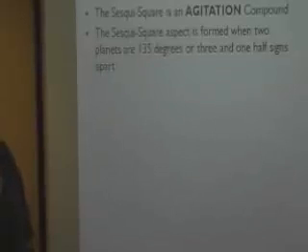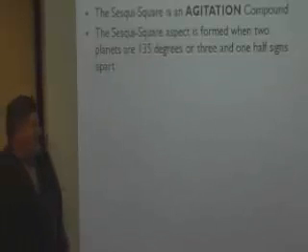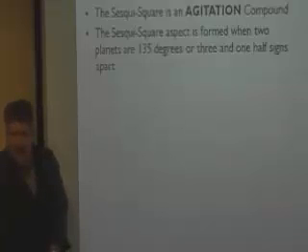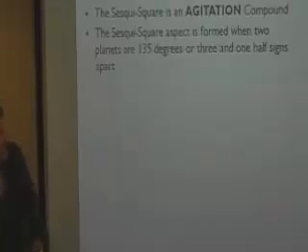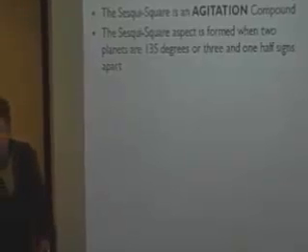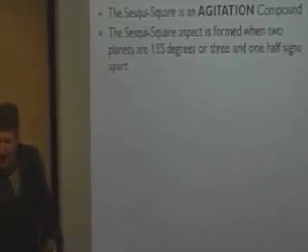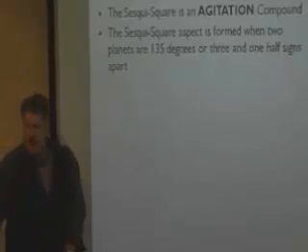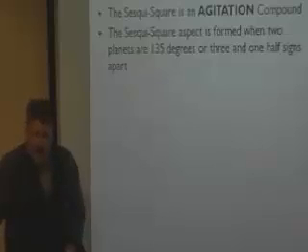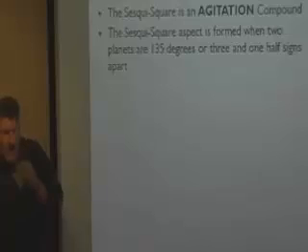So, this is whenever 2 planets are 135 degrees, or 3 1/2 signs apart. This is basically a square and a half. But it's not exponentially larger. It's not like having a square and a semi-square. It's much more similar to having a semi-square.